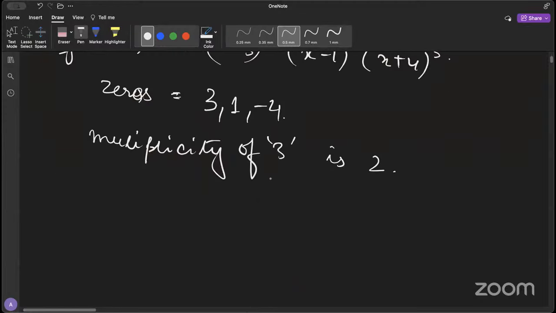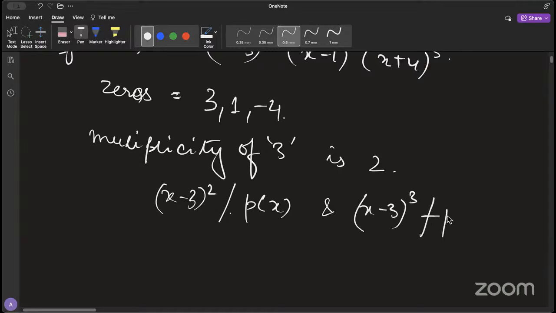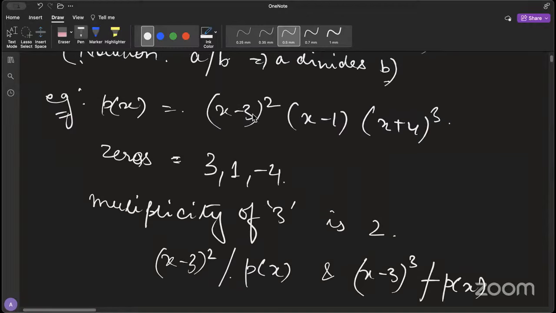That means (x minus 3) squared divides p(x) and (x minus 3) cubed does not divide p(x). So the maximum power of this factor that can divide p(x) is the multiplicity of that zero. The maximum power of this (x minus 3) factor is 2. That's why the multiplicity of 3 is 2.